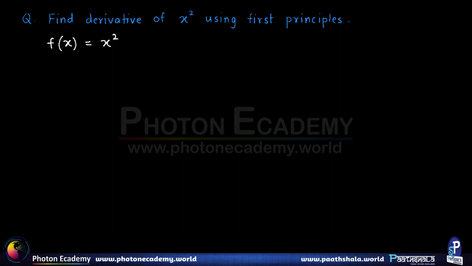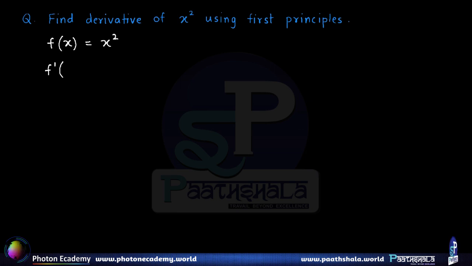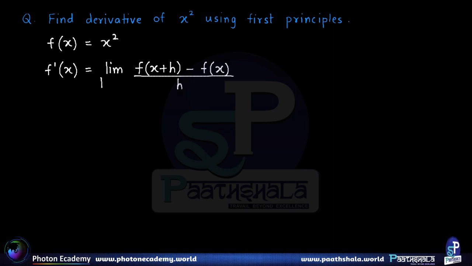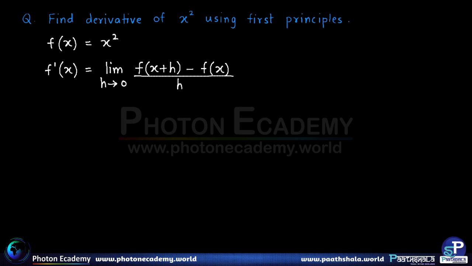Right? Now we know that the definition of derivative says that f dash of x is equal to limit of f of x plus h minus f of x, whole upon h, as h tends to 0. So that gives us limit as h tends to 0.